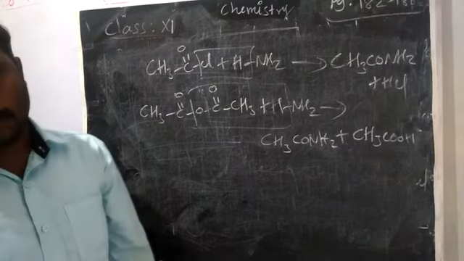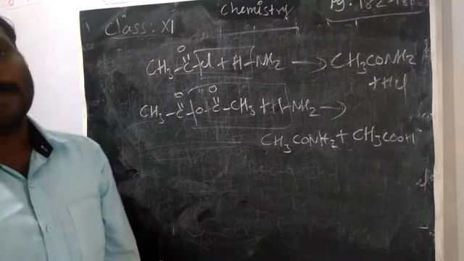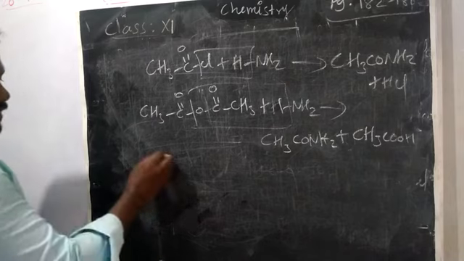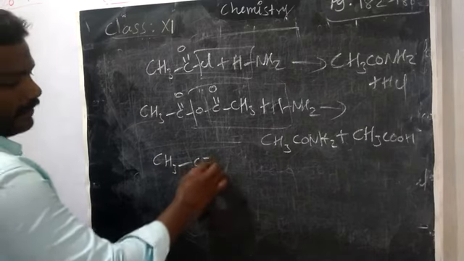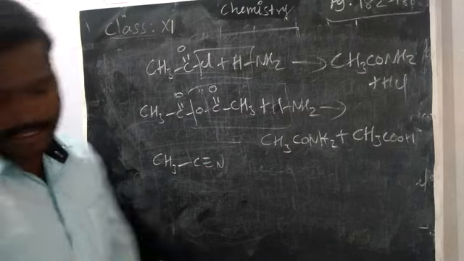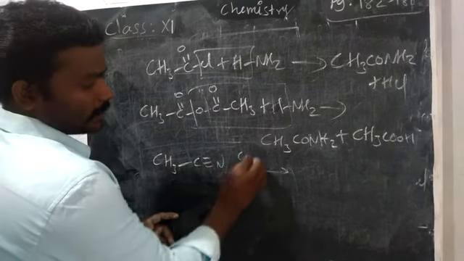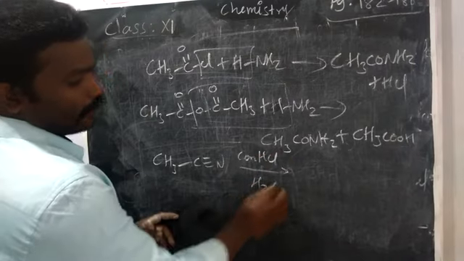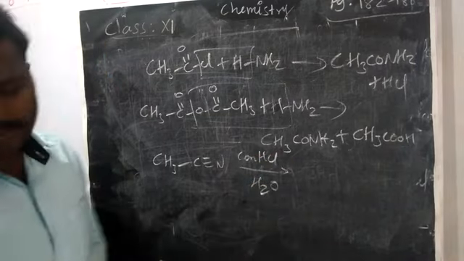ethyl cyanide, okay, or methyl cyanide, we can write. So CH3C≡N, simply you can say CN means cyanide. In the presence of concentrated HCl, we are going to take water, hydrolysis reaction.